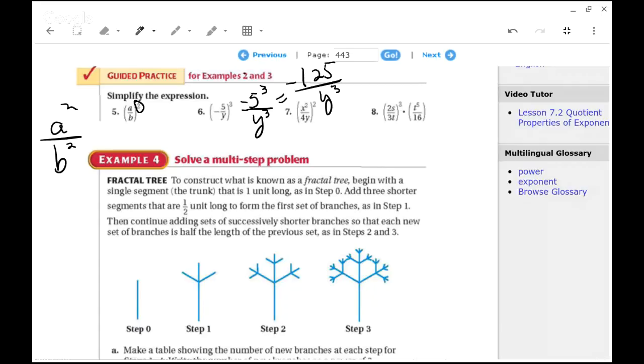If you gave me that on a test, I'm not going to count that wrong. But I like the fact that y'all are getting used to squares and cubes. If it's a cube, you really need to know your cubes.